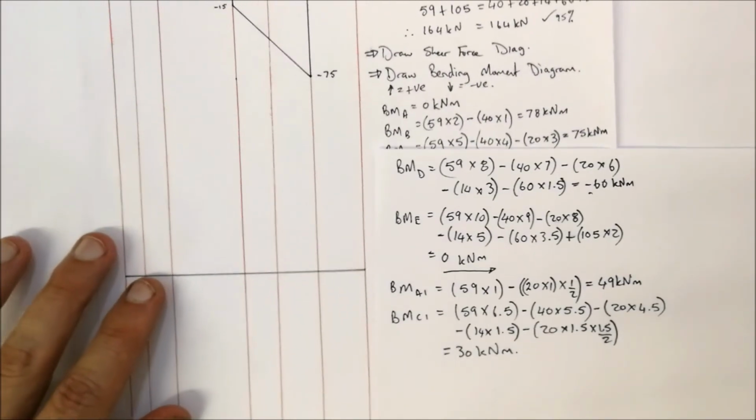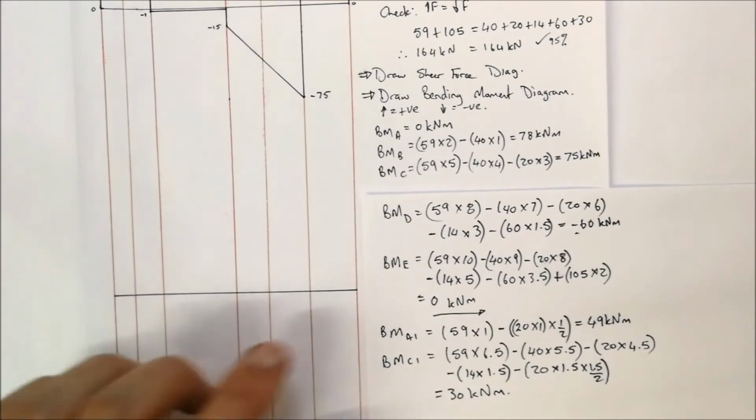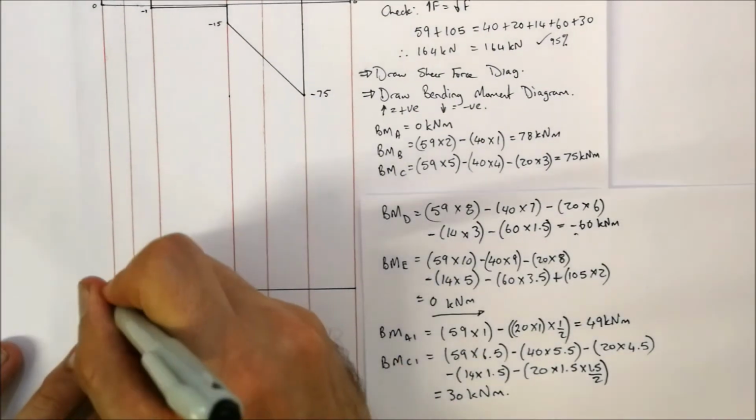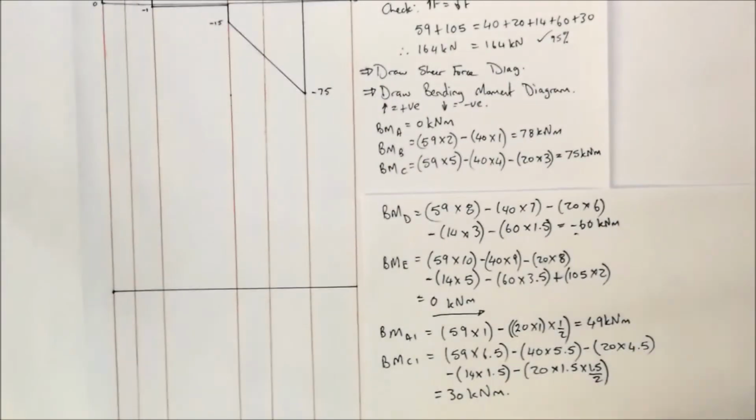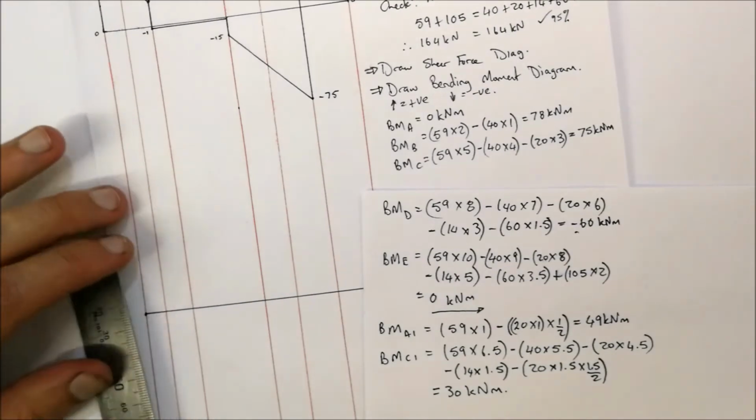Okay, right, so let's have a look. So bending moment of A is 0, so that's over there. Right, bending moment at B, that is 78 kilonewton meter. Okay, so 78 divided by 2 is equal to 39 millimeters. So 39 millimeters I'm going to go up over here.